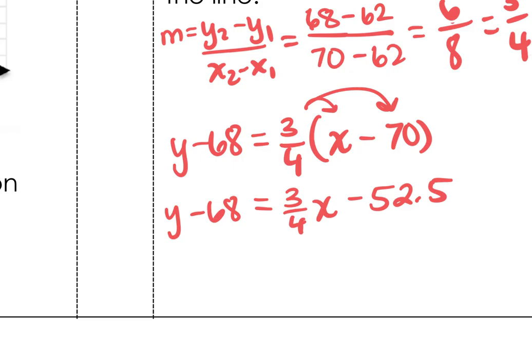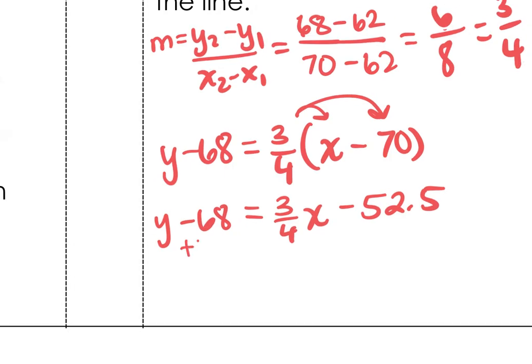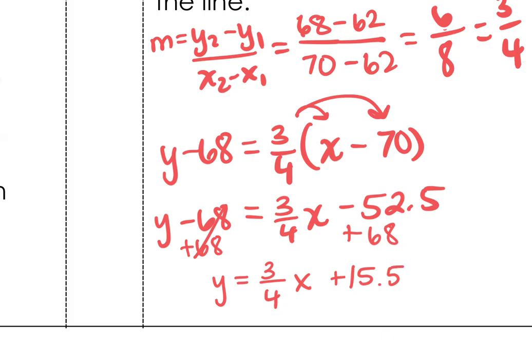Did I say feet? Oh, okay. Inches. So we're adding 68. So when we add that 68 to our negative 52.5, we get y equals 3/4 x plus 15.5.